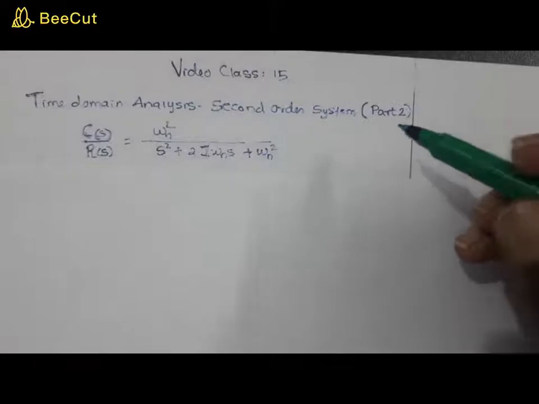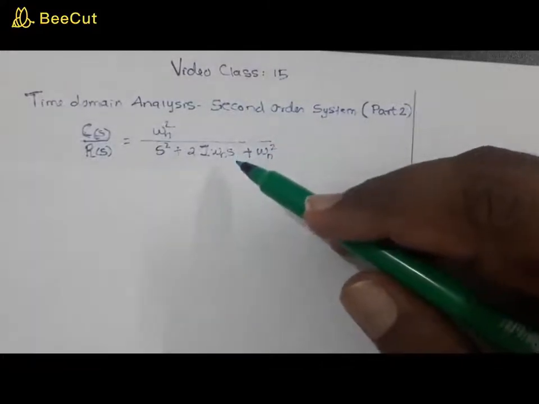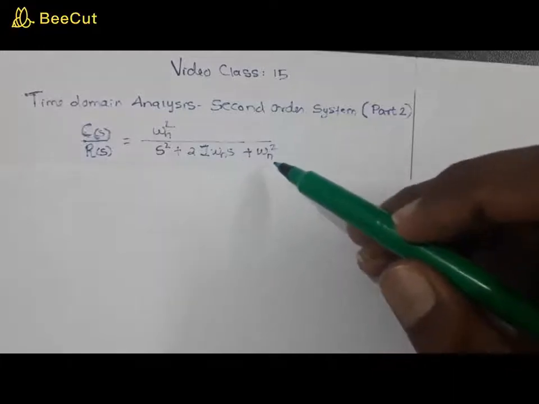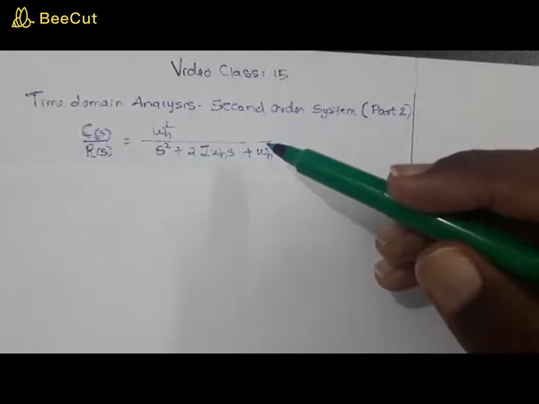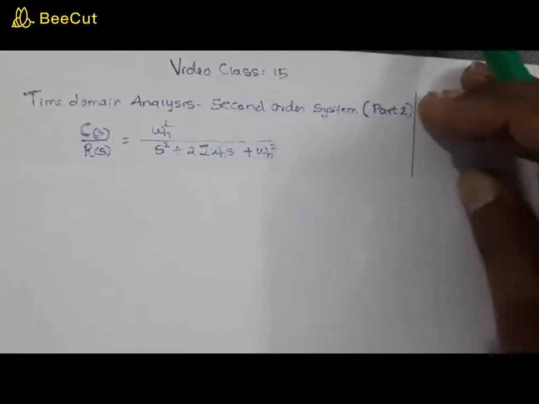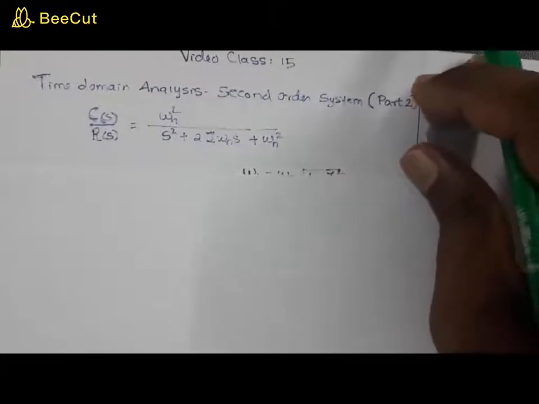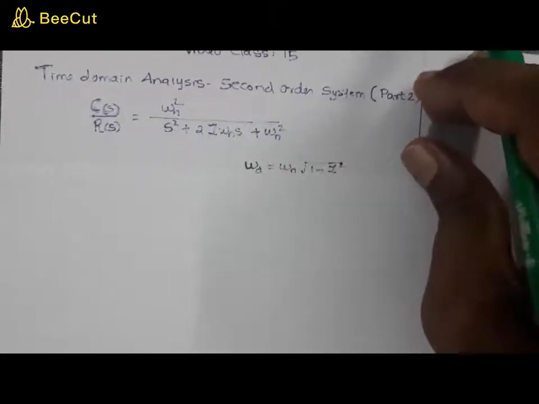So the natural frequency is the frequency by which the system can oscillate, and zeta is the factor which prohibits this oscillation, a process we call damping. So the damping is governed by this damping ratio.